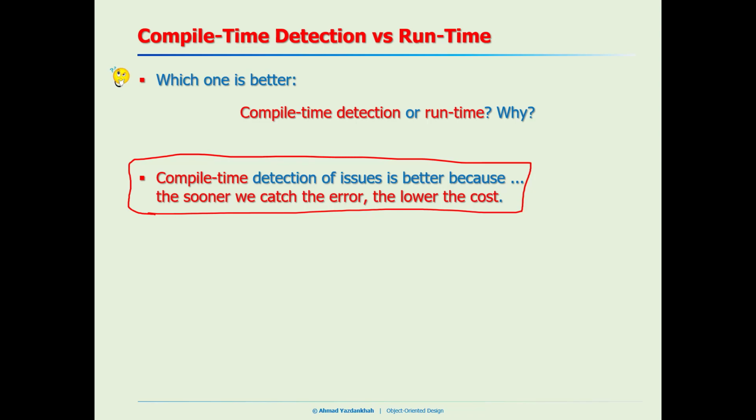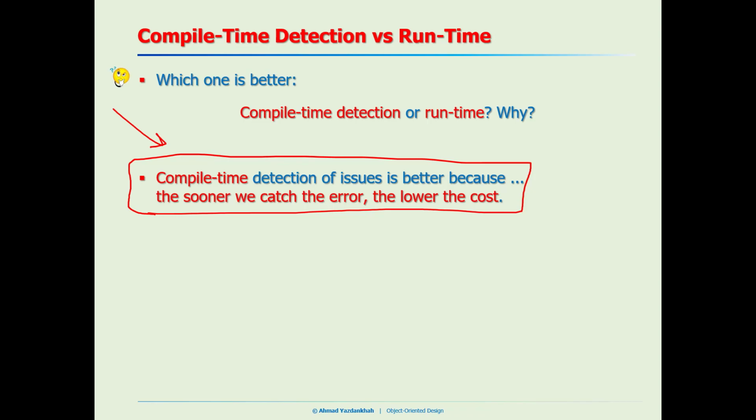It's the lowest cost. Because when you write your code and you submit your code, and if anything happens, it would be a costly operation to modify that. But compile time is the best.